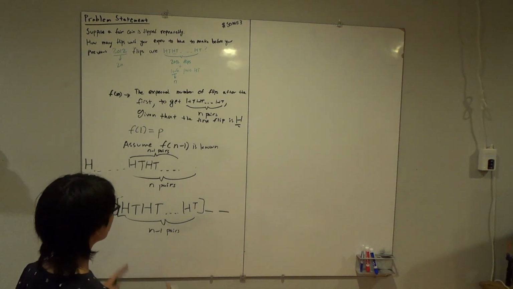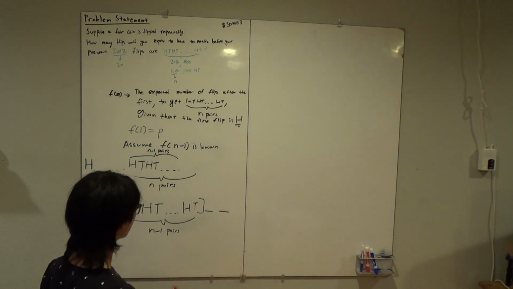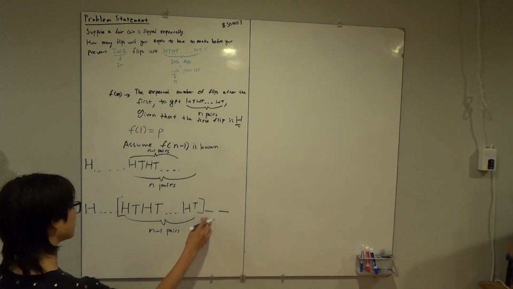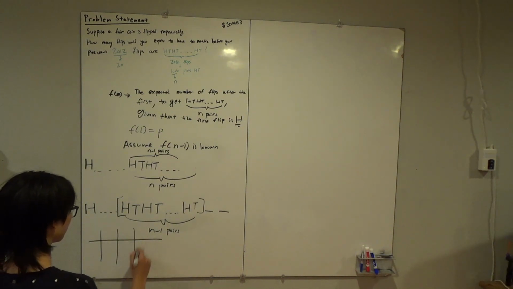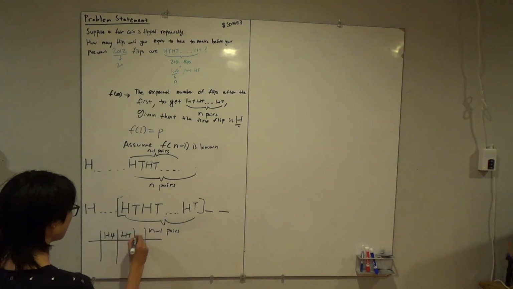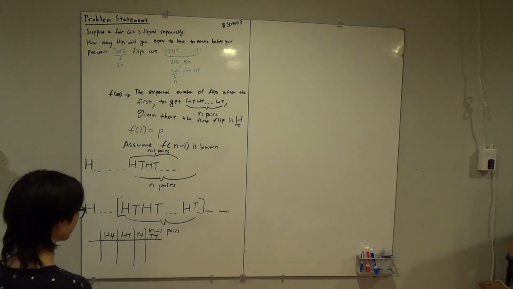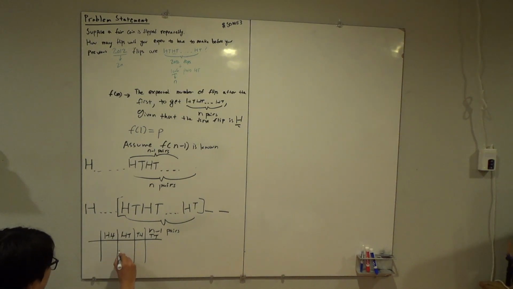Anything else, and we might as well have never gotten this in the first place, because we'll have to start over. In fact, there are 4 separate possibilities for these two, and I'll write them down here. So we could get HH, so 2 heads, HT, TH, or TT. We know in the case of HT we are done, and so here I'm just going to write done.